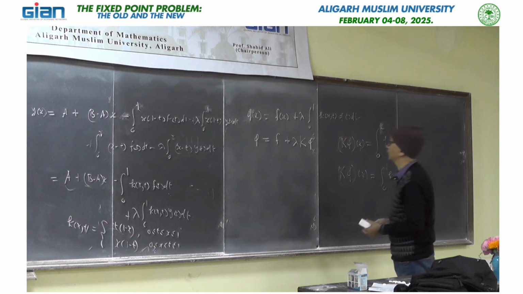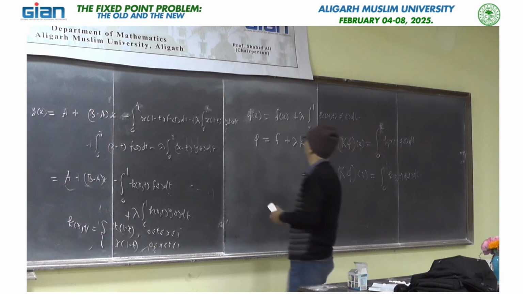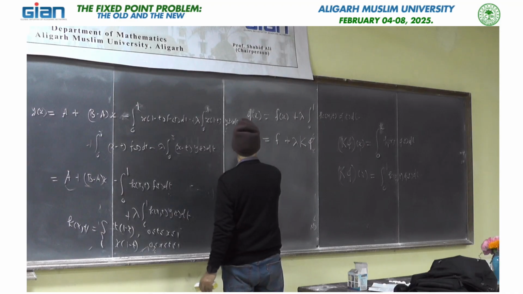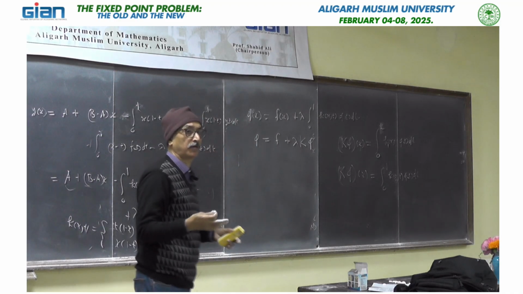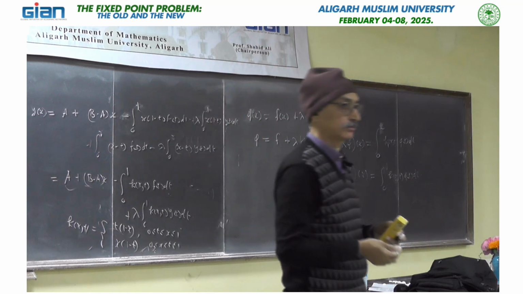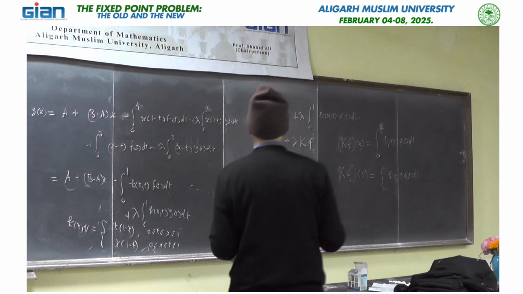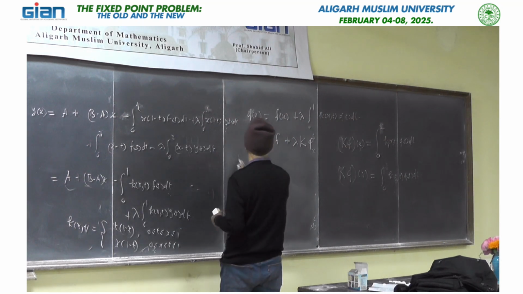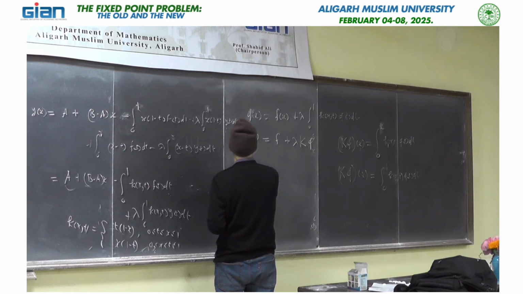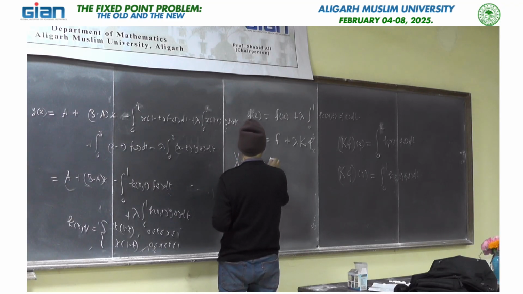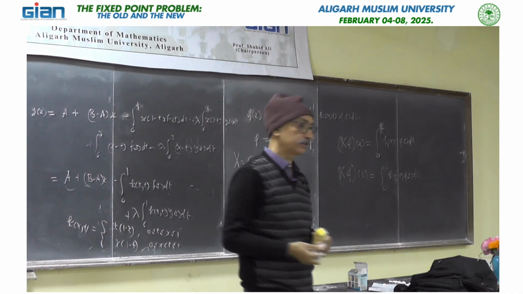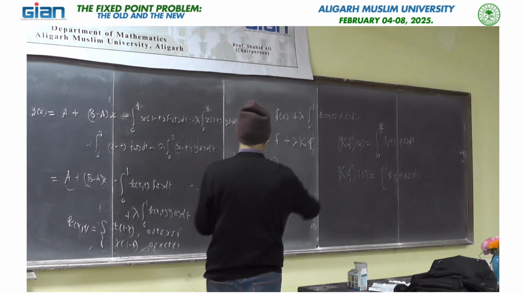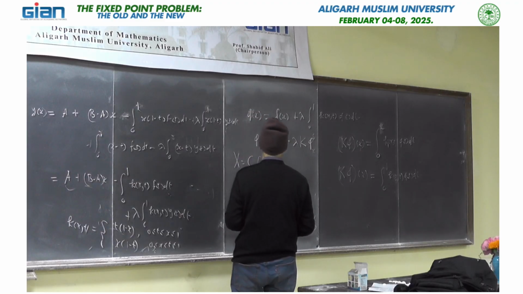So we look at this operator equation and we define the operator T. Now we have to first specify where we are going to consider this. Okay. So the simplest one would be when we have this X as C 0 1, the space of uniformly continuous functions, and the supremum norm is considered there.